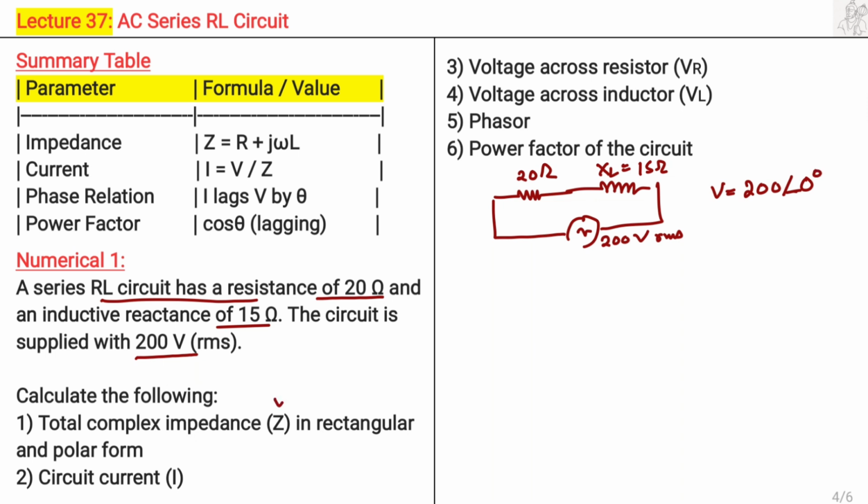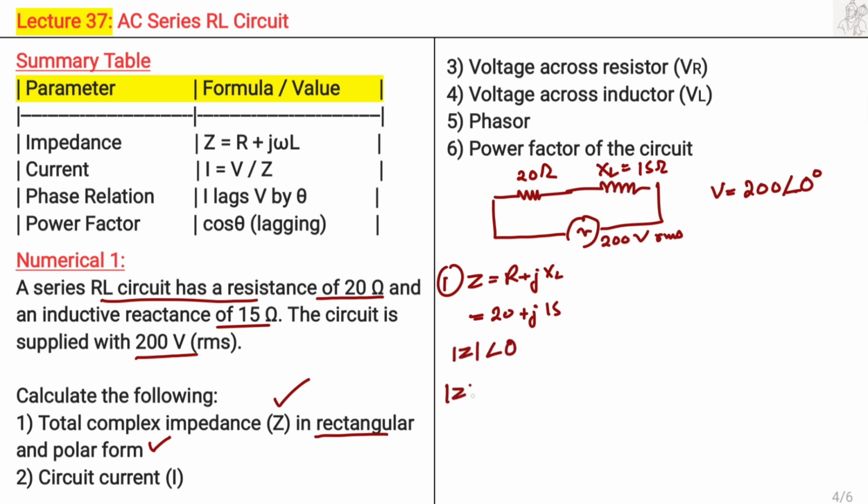First question asks the total complex impedance in the rectangular and polar form. Impedance is simply R plus JXL. So therefore R is 20 and XL is 15, so it comes out to be 20 plus J15. Now this is the rectangular form. In order to convert it into polar form, we have to find out impedance and angle.